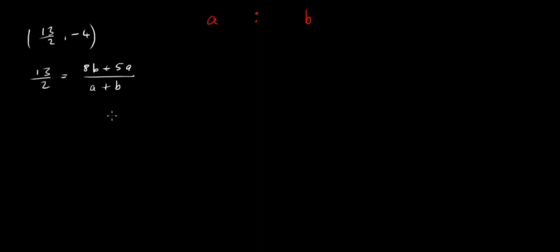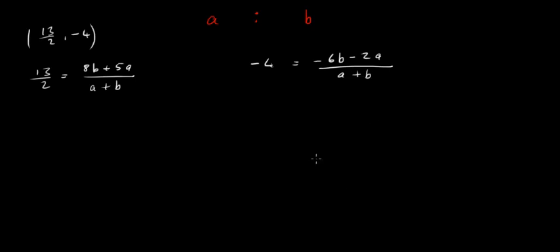This is using the x coordinate part of our formula. Our y coordinate then, our minus 4 then would just simply be equal to minus 6b minus 2a all over a plus b.